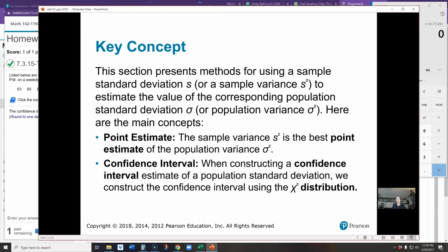And here are the main concepts. As before, what we saw with proportions and means, you can make a point estimate. The sample variance is the best point estimate for the population variance. So notice they're talking about the variance instead of the S value itself.